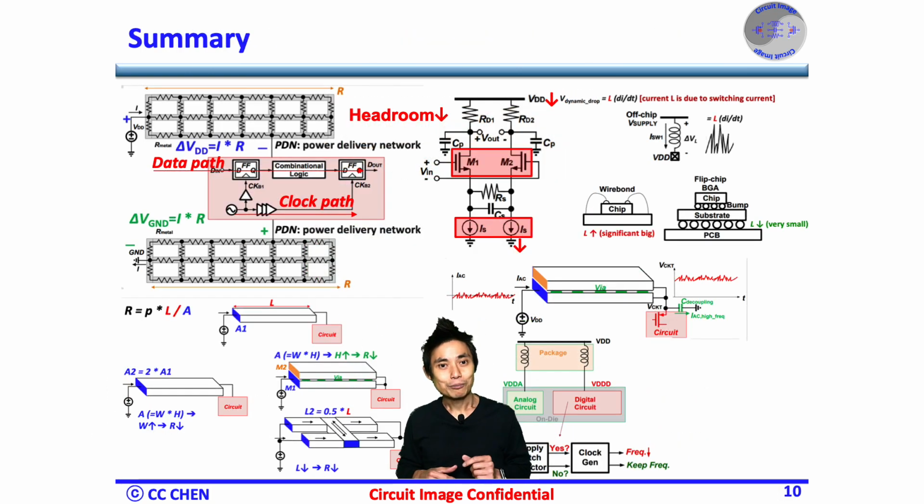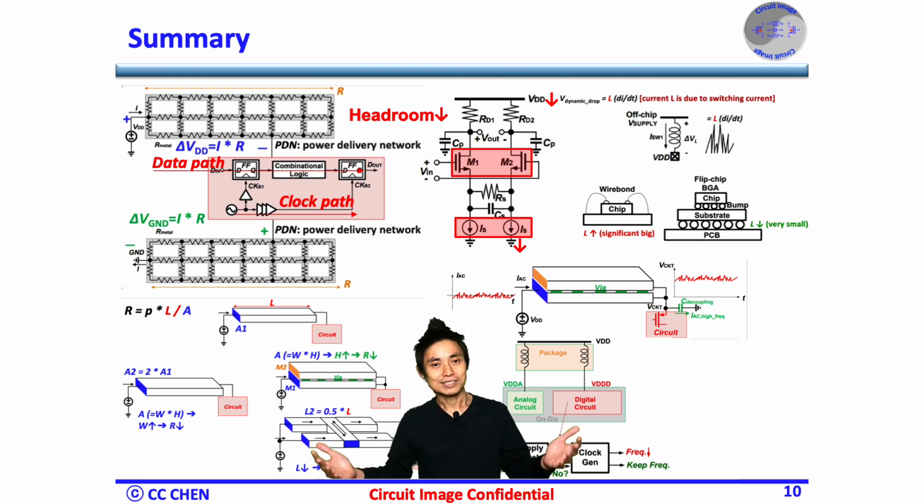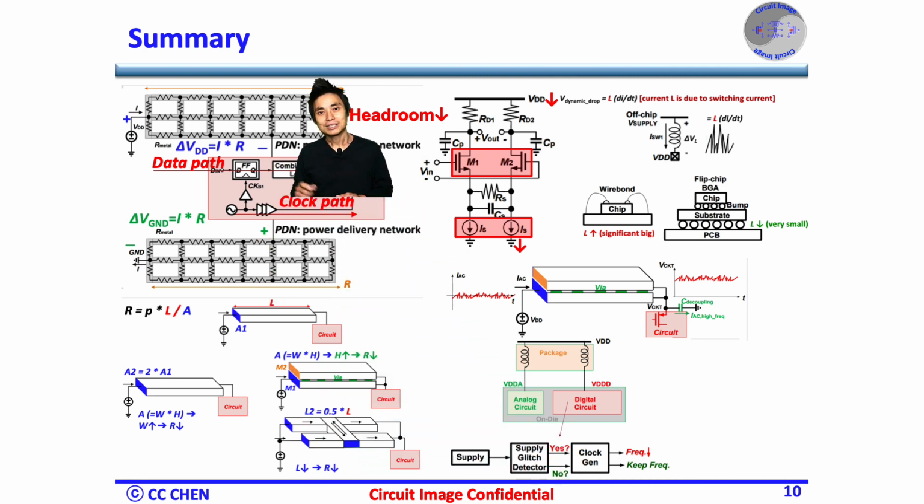Here is the summarized image of why we need a power integrity PI analysis with the IR drop in a SerDes system, especially in the chip or on the die. Intuitively, if the supply voltage drops too much, the transistor will not turn on well.